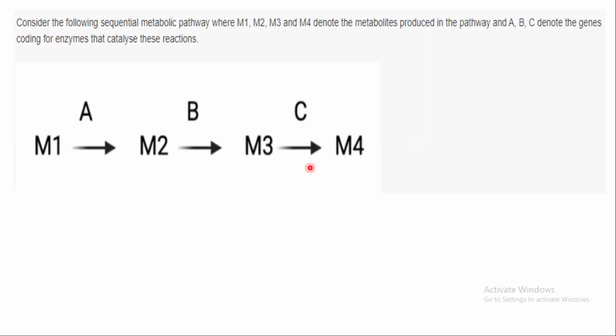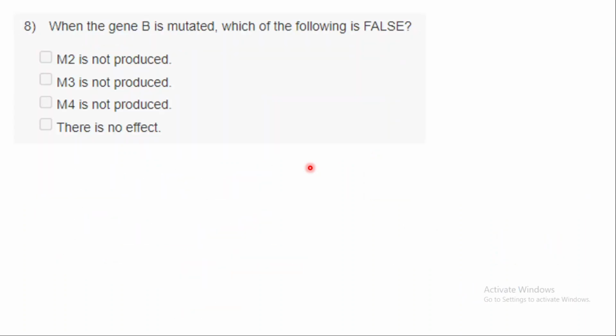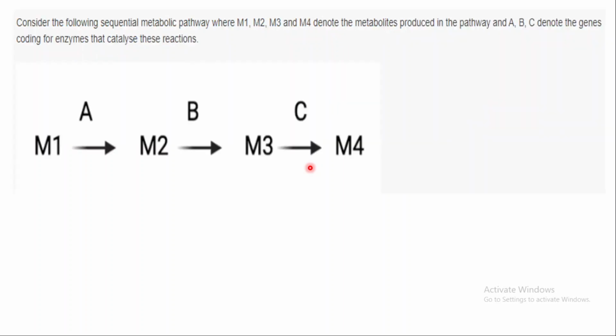So M2 is not produced, M3 is not produced, M4 is not produced, and there is no effect. Which of these is false, actually? Let me know in the chat box what you think is the correct answer. Simhasanam has answered 3.